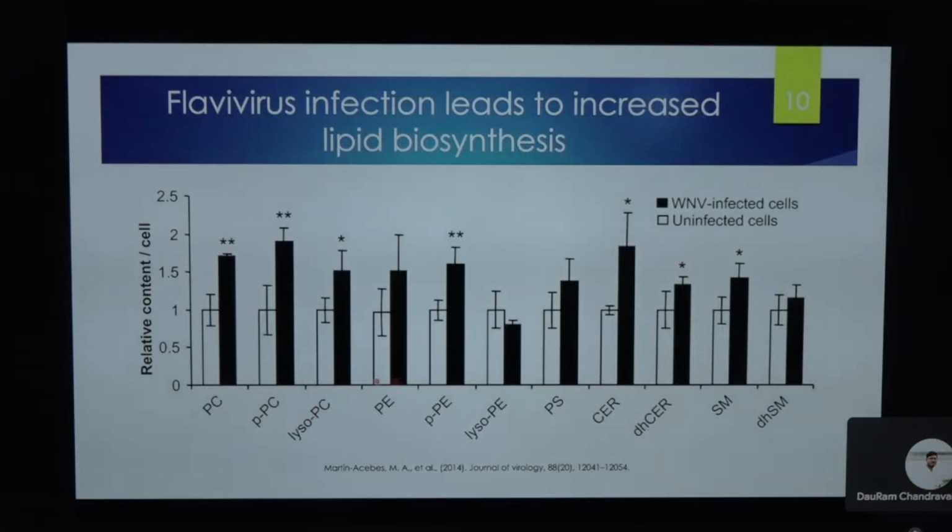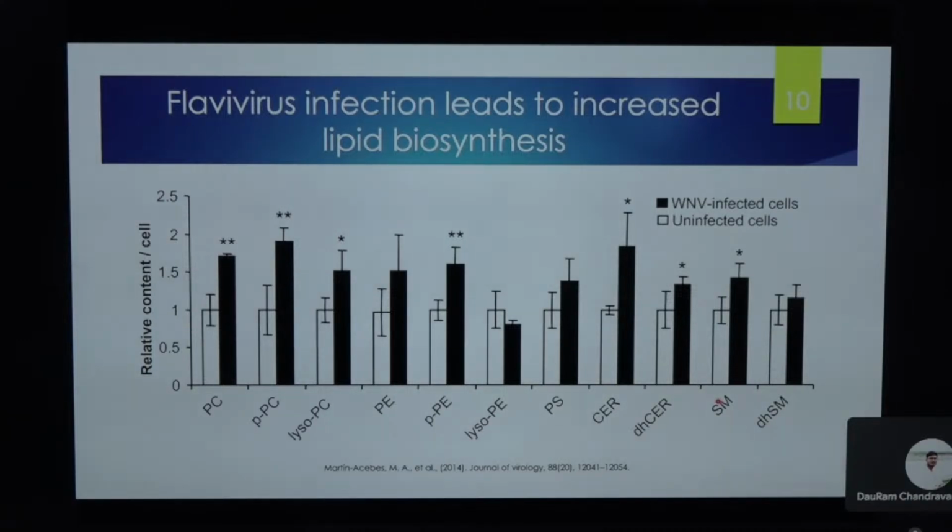And so phosphatidylcholine, phosphatidylethanolamine, phosphatidylserine, all the ceramides, sphingomyelin, all those pieces are being regulated to make more of them. However, cholesterol stays the same, and that just is being trafficked from the plasma membrane to the surfaces of the replication complexes and virus particles.